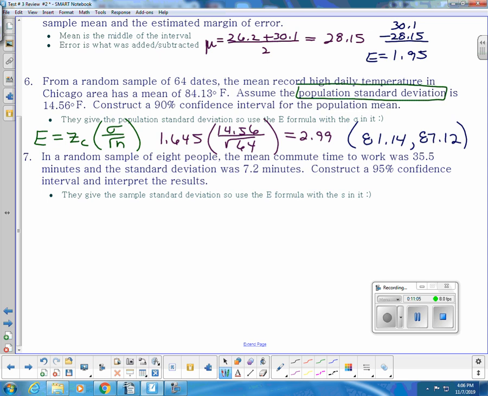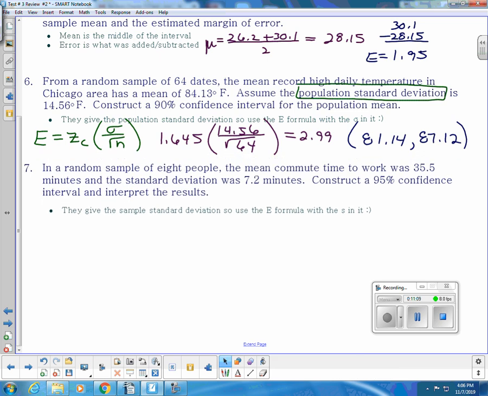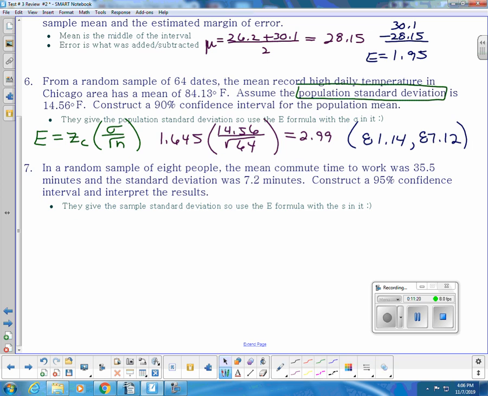In a random sample of 8 people, the mean commute time to work was 35.5 minutes, and the standard deviation is 7.2 minutes. So they gave you a sample standard deviation. This is a sample. Okay? So you're going to use the formula that has an S in it.